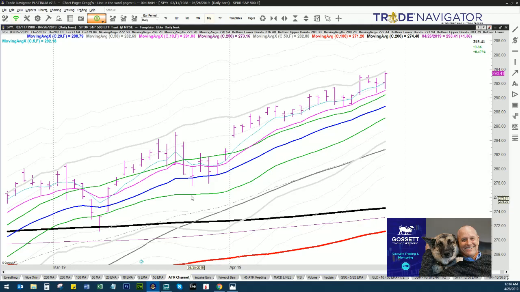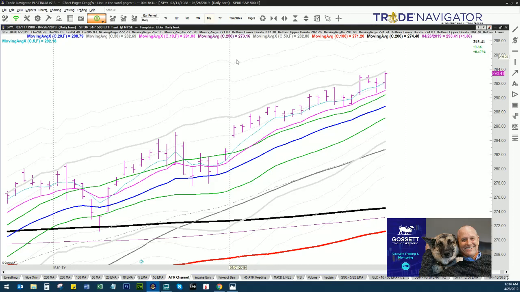So that's why the first one is the green ATR, because I like to see prices within here to make my buys. If I'm lucky enough that it moves my way, I start to look to sell if it gets close to the third ATR channel. Not just because it got there, it has to have some other kind of confirming price action, but it gives me a red flag when it gets up into this range.